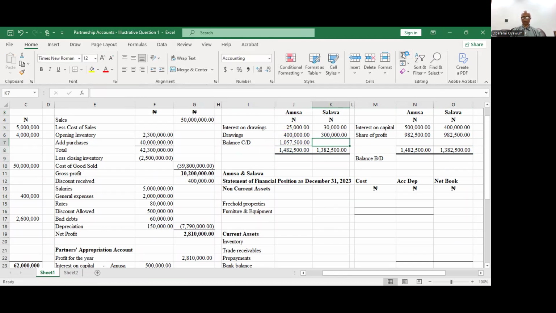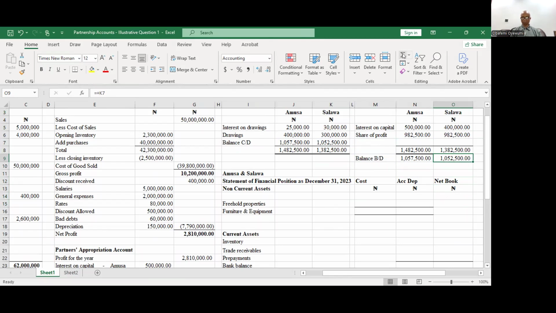So we have a figure of 1.057 million. And then let's come back to Salawa, minus interest on drawings, then drawings, and then we have 1,052,500. So here we have this figure as brought down, and then we also have this as brought down.